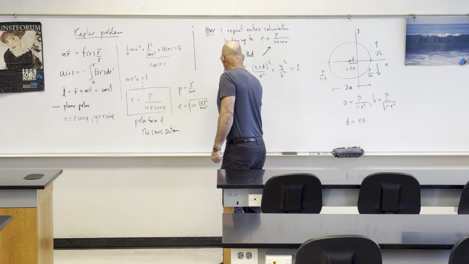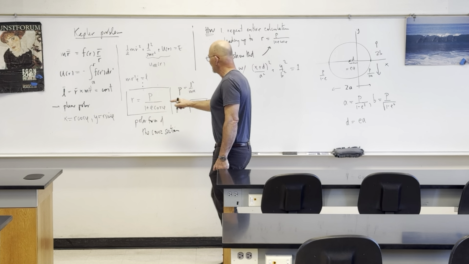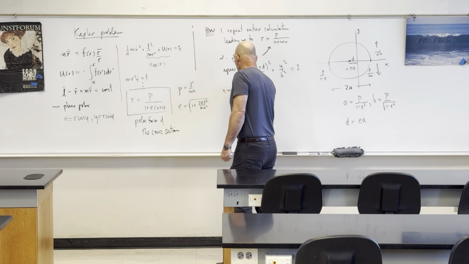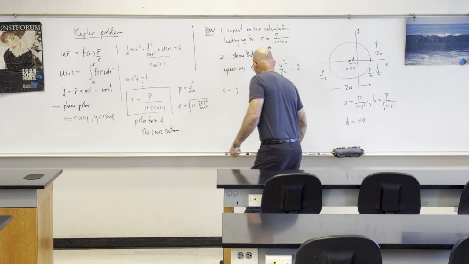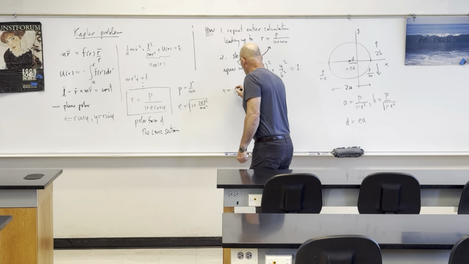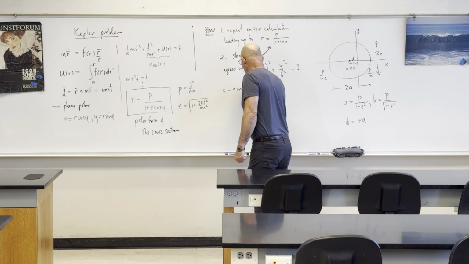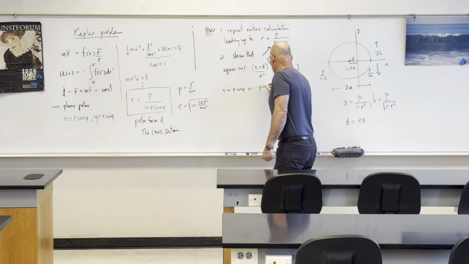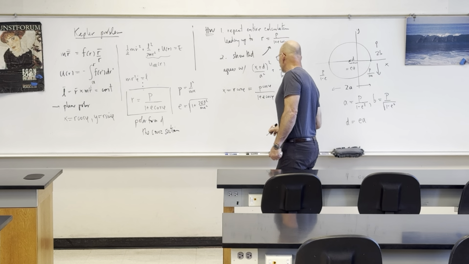So basically, your x is this r cos phi, right? So you have p times, so let's write it out. So x is r cos phi, so that is p cos phi over 1 plus e cos phi, right?